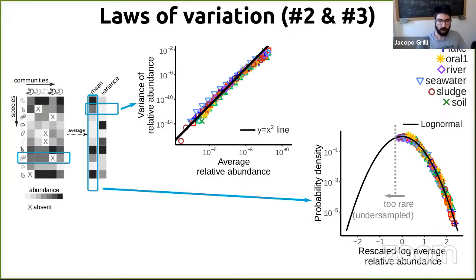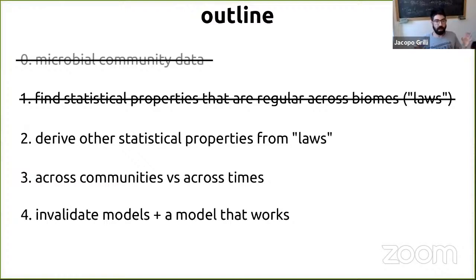Okay. So there are these three statistical patterns, laws in quotes, and one can use them to generate a null model, to generate microbial communities in silico and test whether they have the same statistical properties of empirical communities.